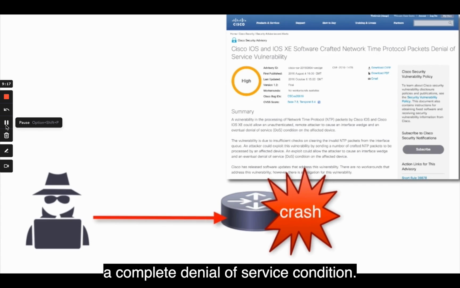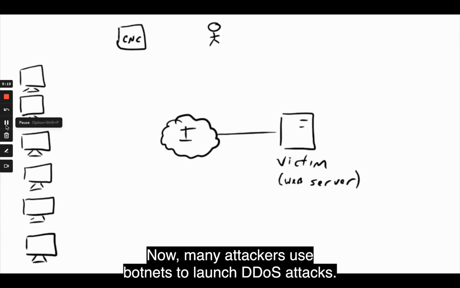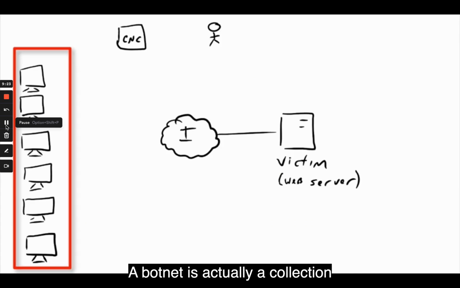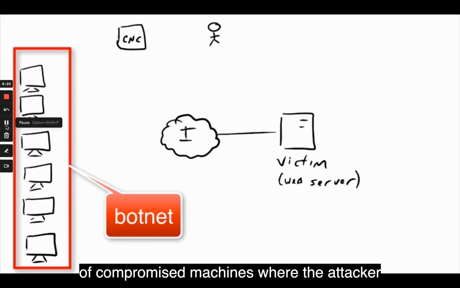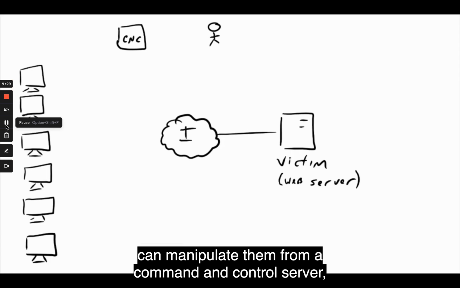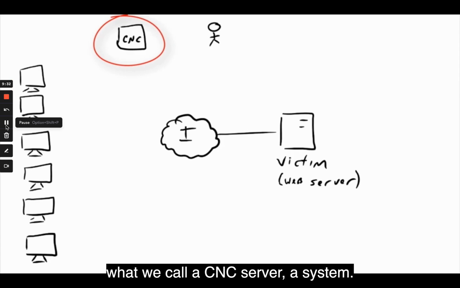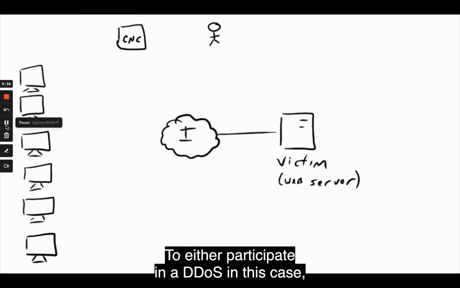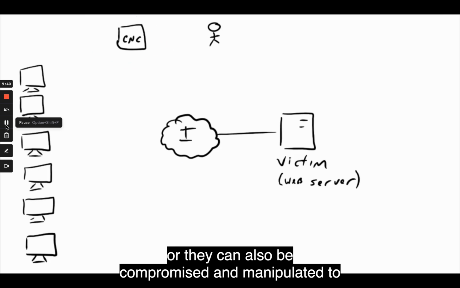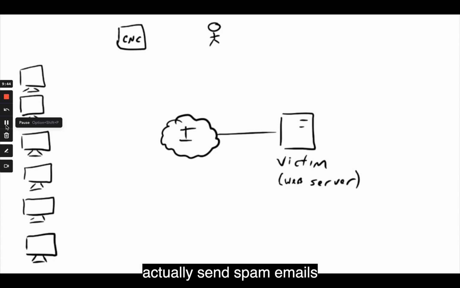Now, many attackers use botnets to launch DDoS attacks. A botnet is a collection of compromised machines that the attacker can manipulate from a command and control server, or what we call a CNC server, to participate in a DDoS, in this case, or to send spam emails or perform other illicit activities.